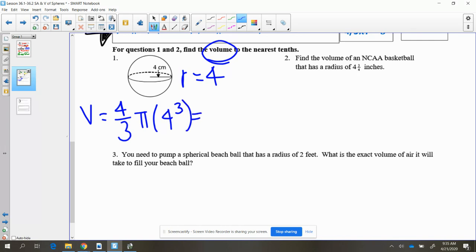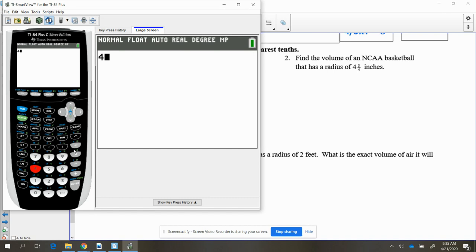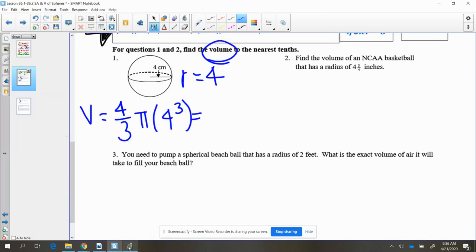So when we type this in, 4 divided by 3, times pi times that radius value, remember caret to the third, you get about 268.1. And a reminder, with volume, it's the amount of space you're taking up, and it's cubic units.